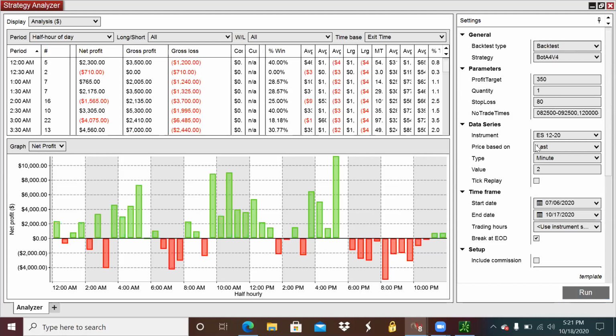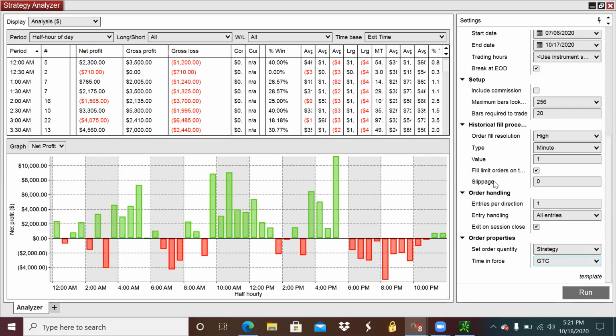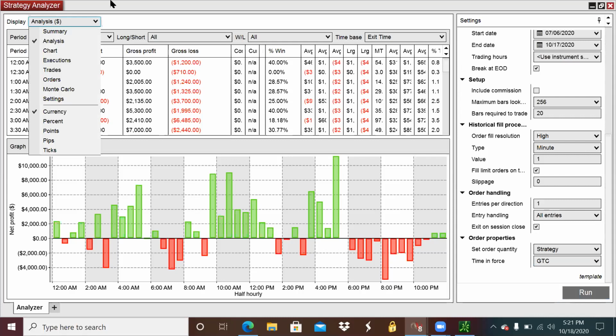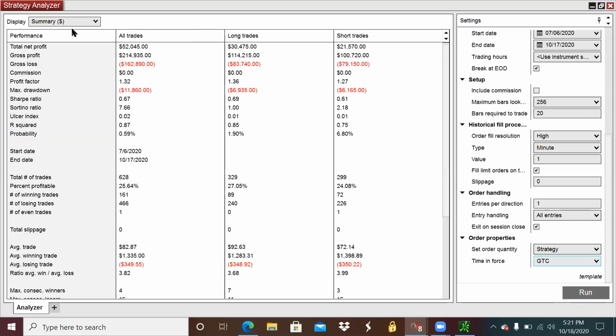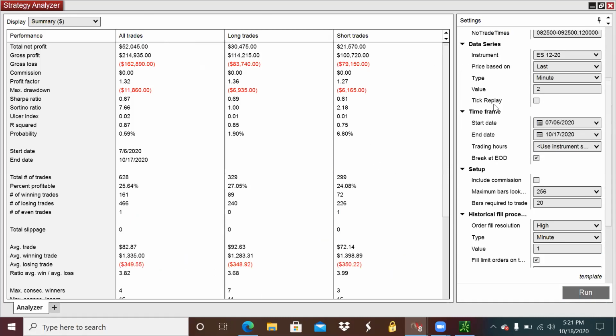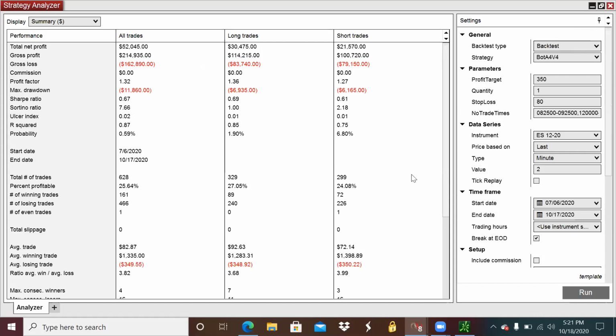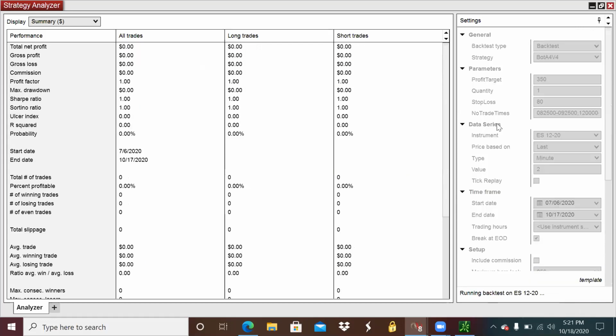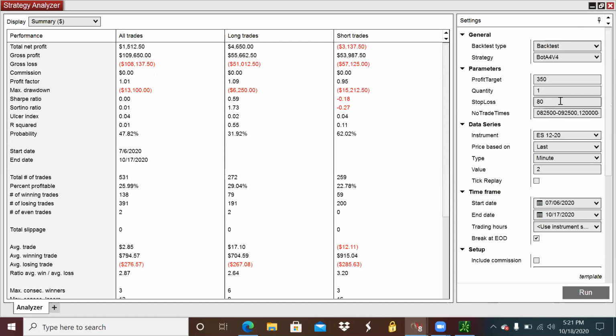So you would have the backtest in here, time frame 2 minutes, strategy analyzer. I'm gonna have to change something. 350 ticks is really high for ES.